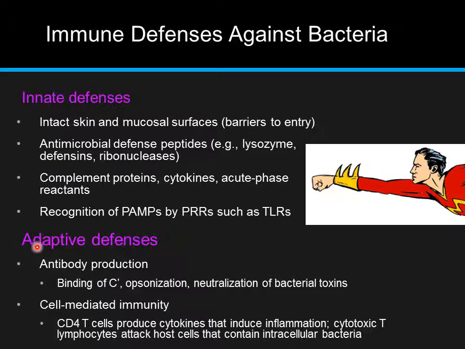Then in our adaptive immune system, we have, of course, antibody production, the ability of complement to bind, which leads to opsonization and neutralization of toxins. And on the cell-mediated side, we have our CD4 T cells that produce inflammatory cytokines, and on it goes. So once again, weapons and countermeasures against those weapons.